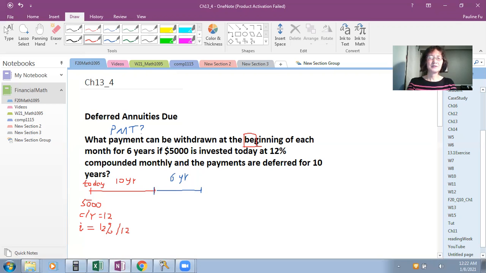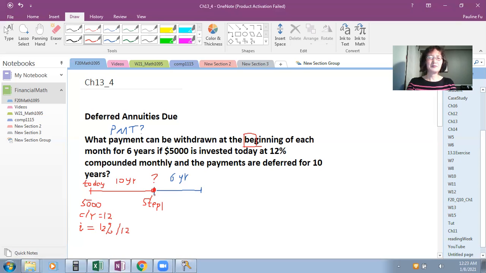So there are 2 steps. Step 1, what is the value here at this point? What is the future value of those $5,000? That is step 1.